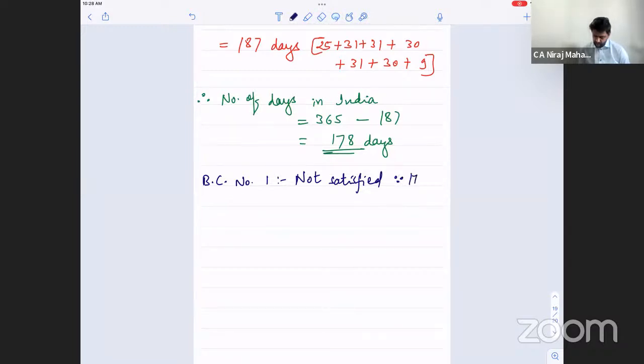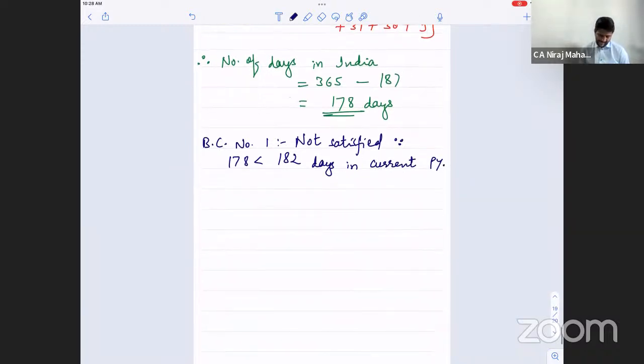Not satisfied, since 178 is less than 182 days in current PY. Clear? Next very important point. Basic condition number 1 is not satisfied. What about basic condition number 2?